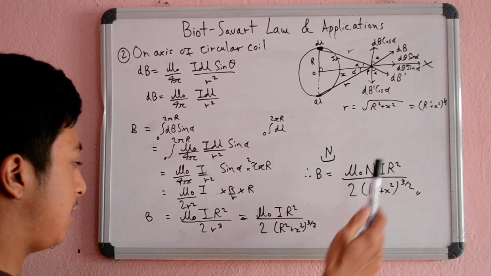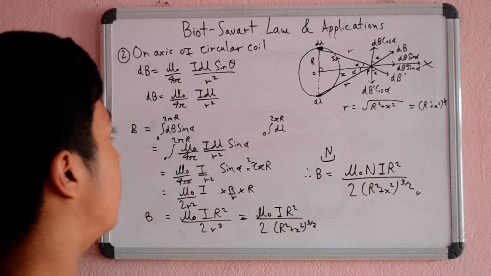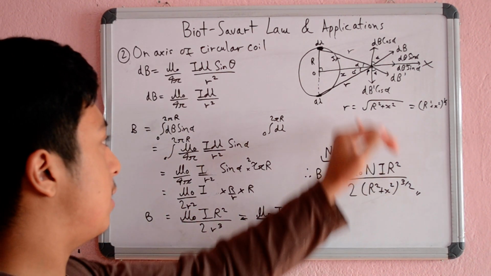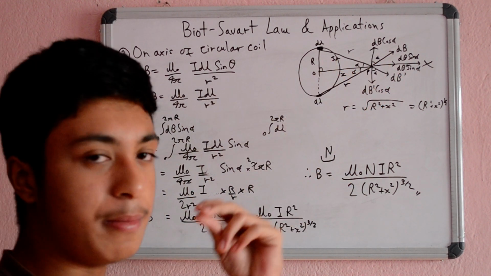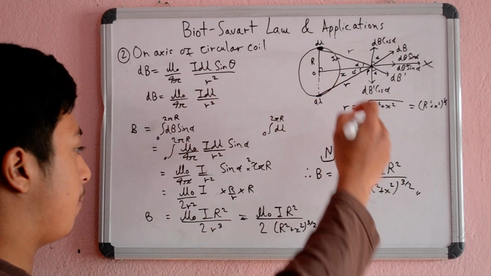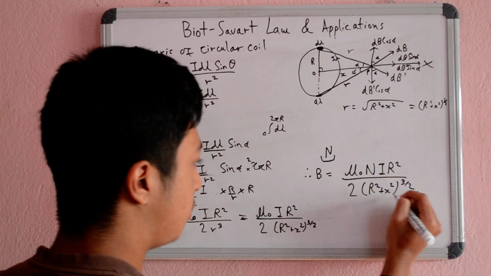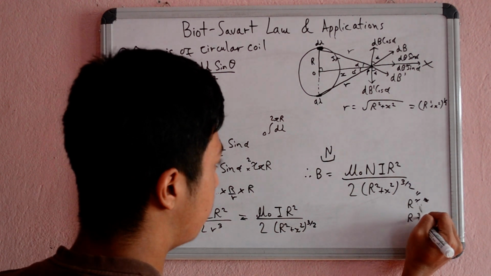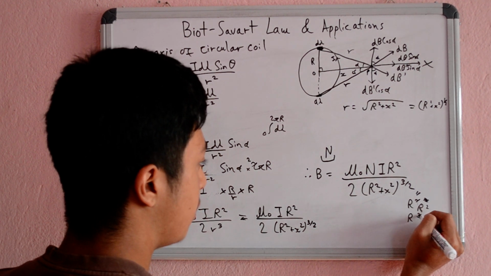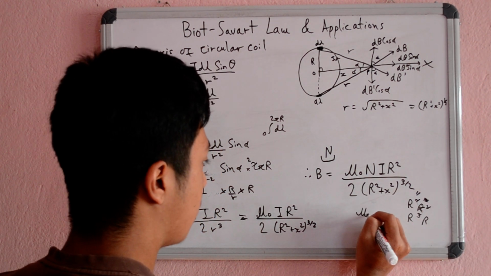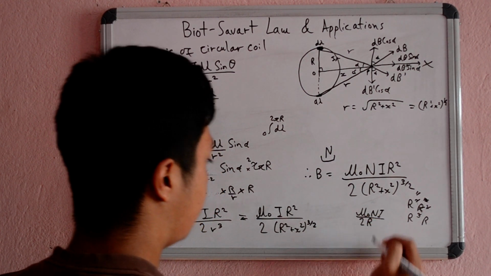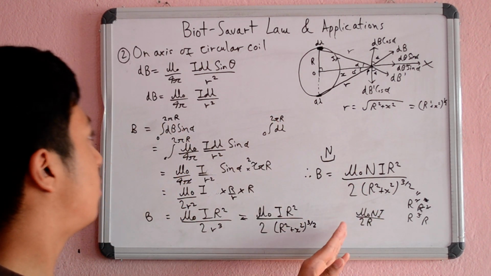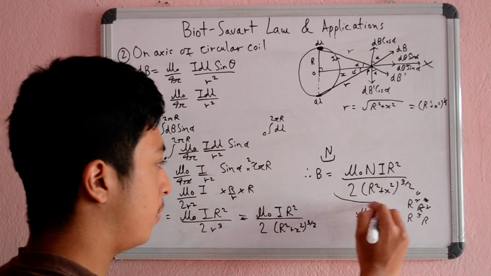Also from here, if x is equal to 0, meaning we are finding the magnetic field at the center, then R square into 3 by 2 becomes R cube, and this R cube and R square will become R, so we get mu naught n I by 2R, which is the magnetic field at the center of a circular coil. Hence this is well verified.